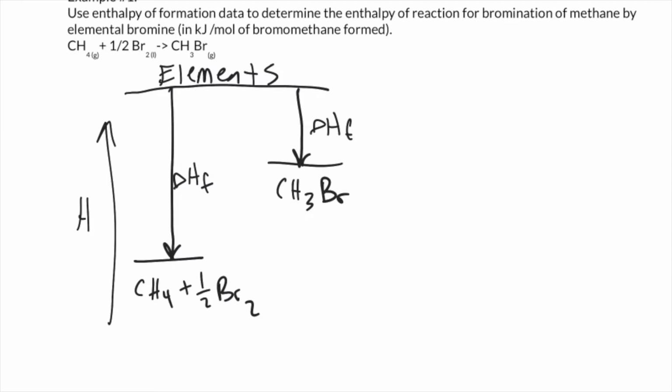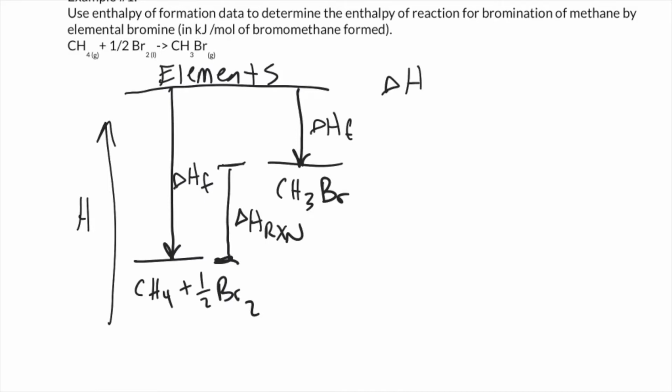Now, the equation that we can use, if we can subtract these two values from each other, then we can find this difference, which is the enthalpy of reaction. So we're going to use our equation, okay?